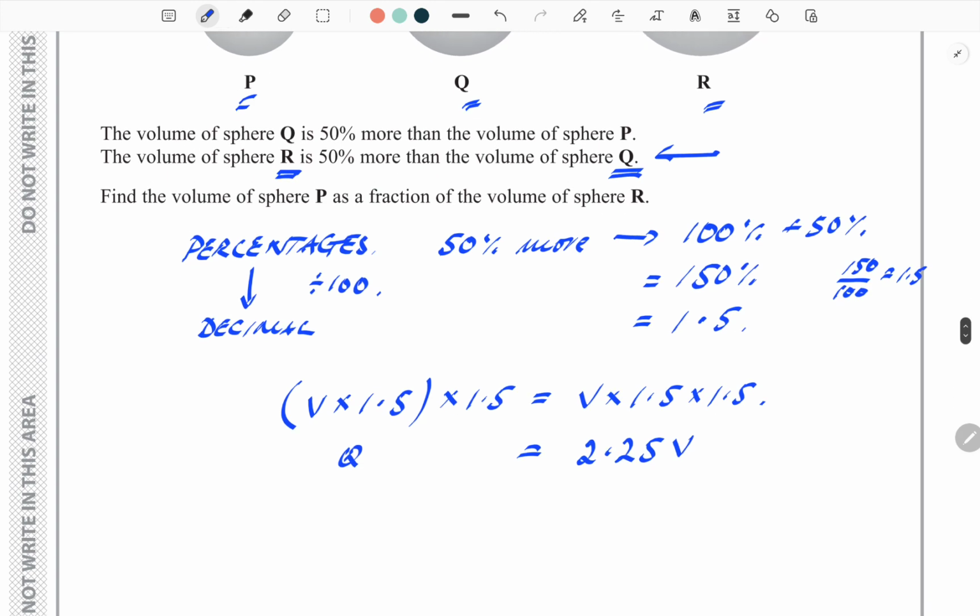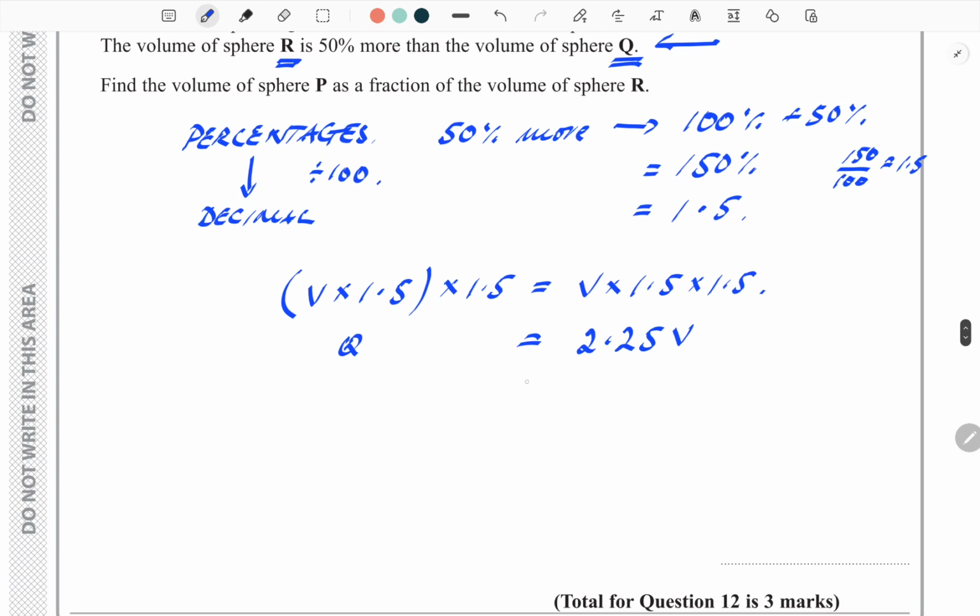So if you want to turn that into fractions, let's show you what's going on. The volume of sphere P as a fraction of the volume of sphere R: P was my original volume V, and the volume of R is 2.25 V.